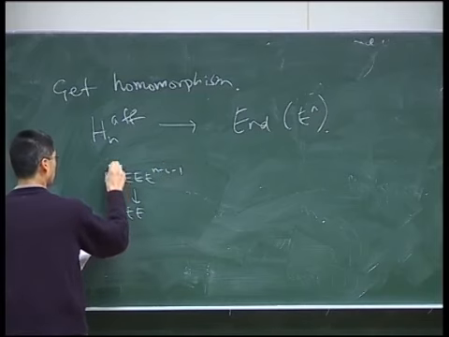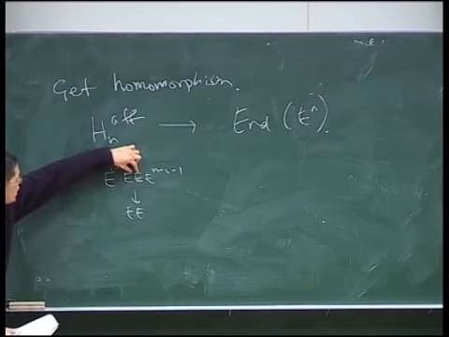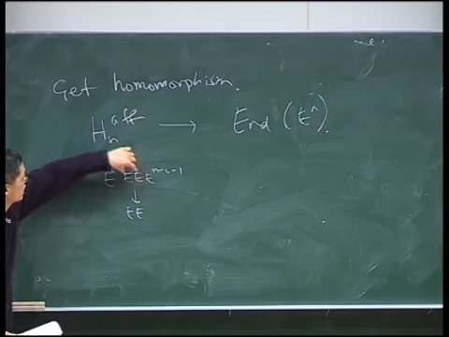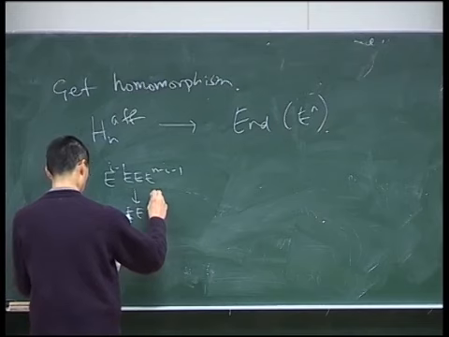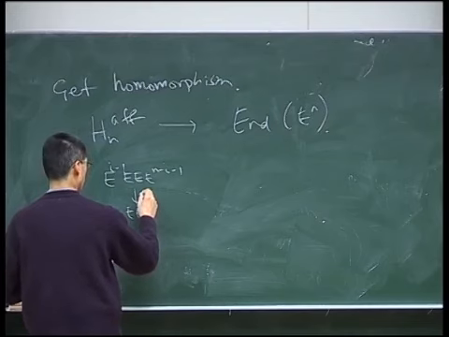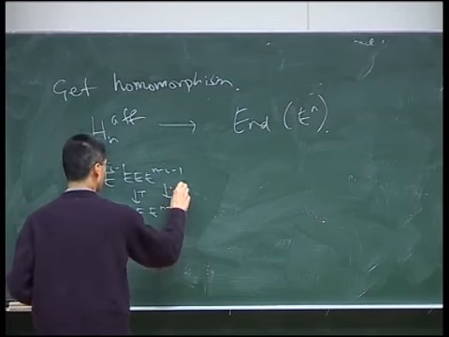In this way, we can take any two adjacent copies of e inside the nth power and apply t to it. So we get t on this part and the identity on the other parts.